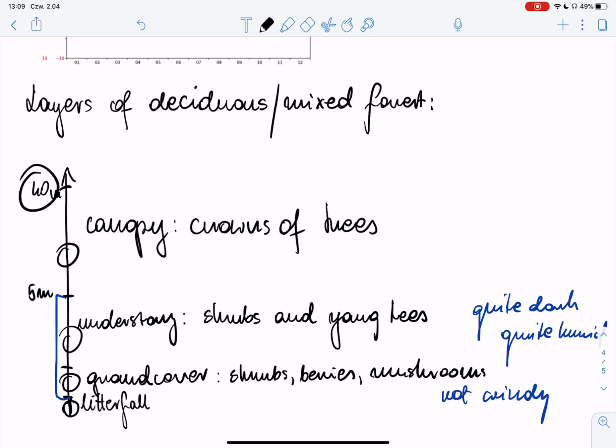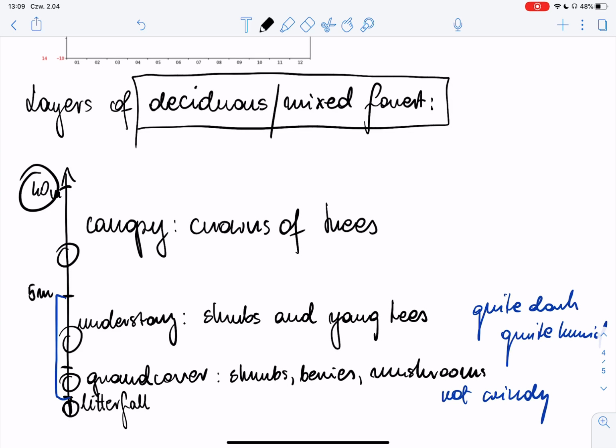And guys, when it comes to diversity, the mixed or deciduous forests of the temperate zone, so these ones, are much less diverse than tropical rainforests. There aren't as many species living, and basically the trees are dominated by a certain type of tree. So let's say a pine forest will consist mostly of pines.